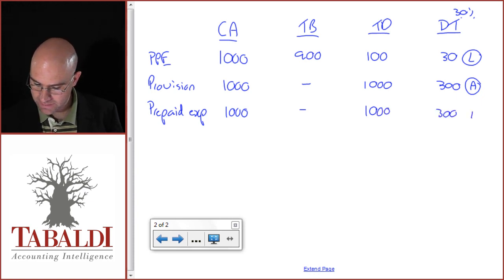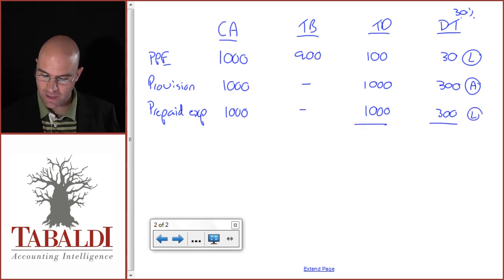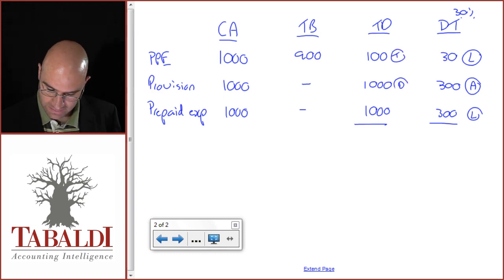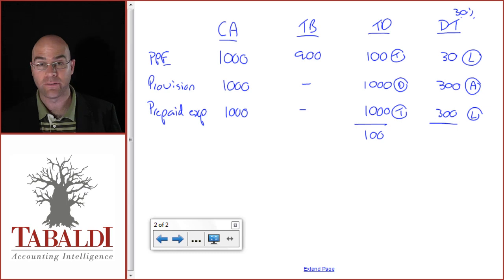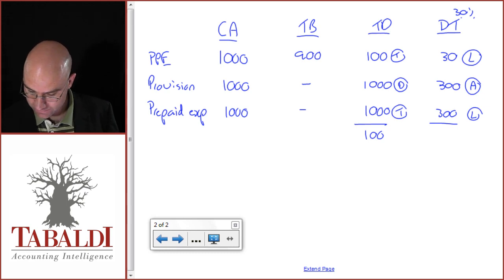300 liability. So I'd add those up, and let's mark off taxable temporary differences as a T, deductible temporary differences as a D. That would give me a total net taxable temporary difference of 100 and a deferred tax liability balance of 30.